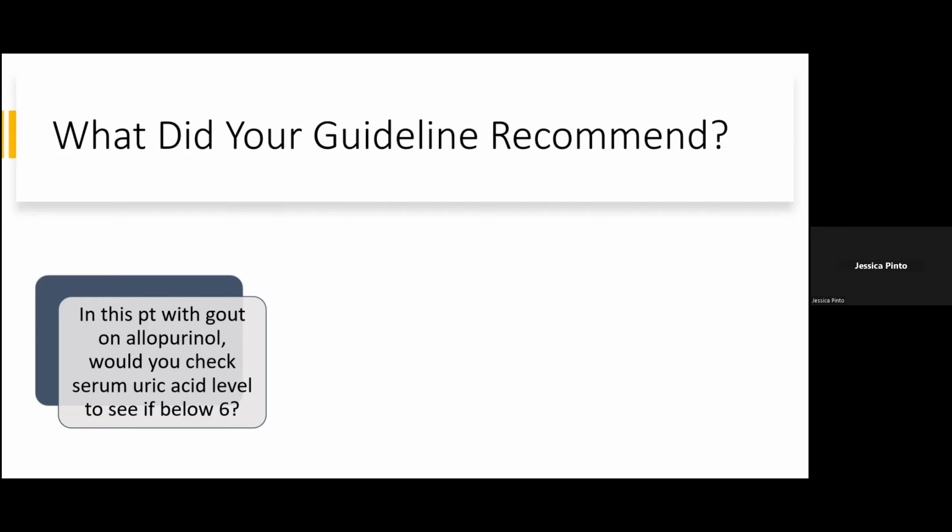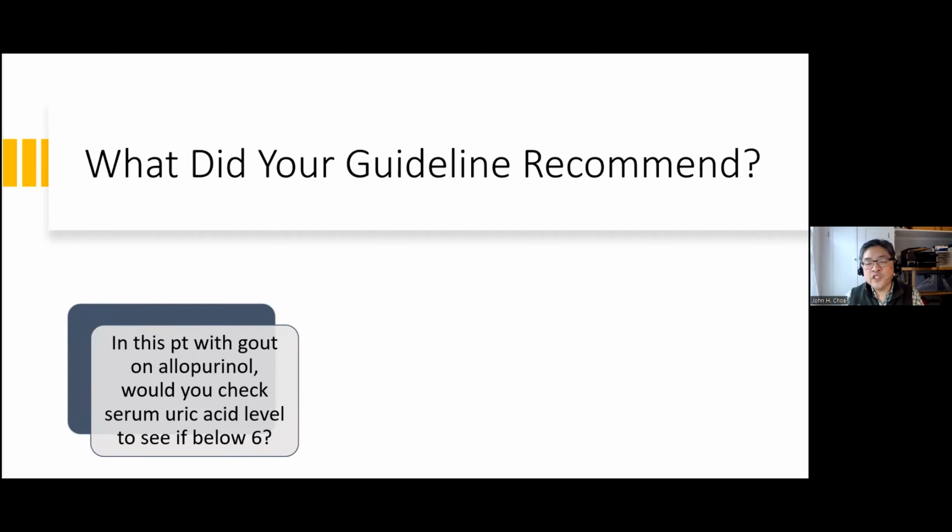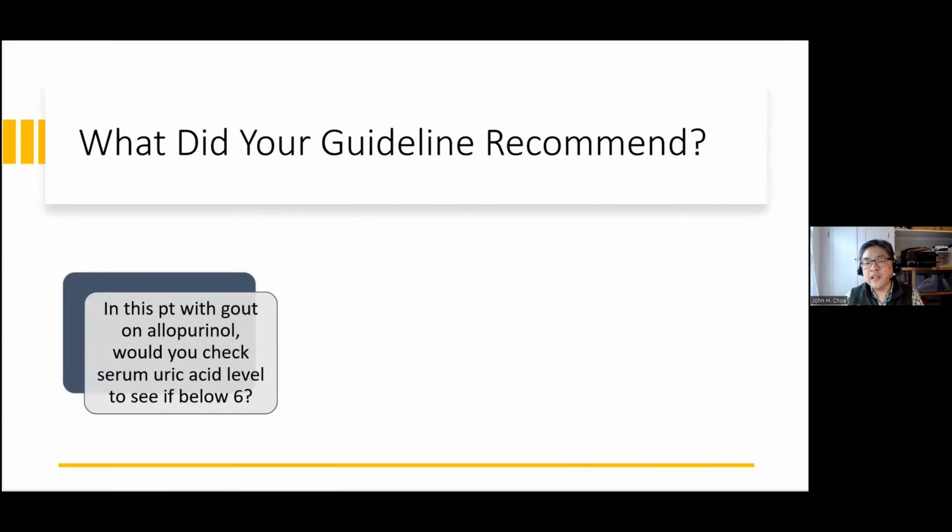There were, I think, 1 or 2 studies that showed that patients with a urate level less than 6 had lower rates of recurrent gout attacks, but there were too many factors that couldn't be accounted for, like lifestyle changes that may be playing a role. And then I think they overall concluded that a lot of that was just observational data. So in short, insufficient data to recommend it, right? Is sort of what they said.